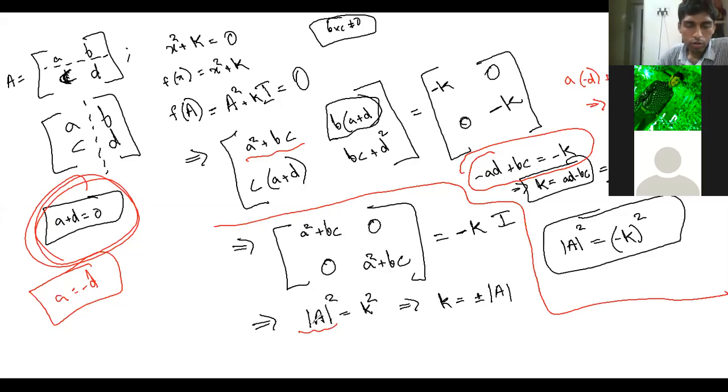Okay, let's put it this way. What is determinant of A? Determinant of A is ad minus bc, which implies minus a square minus bc is equal to whole square. Whole square is equal to k square.